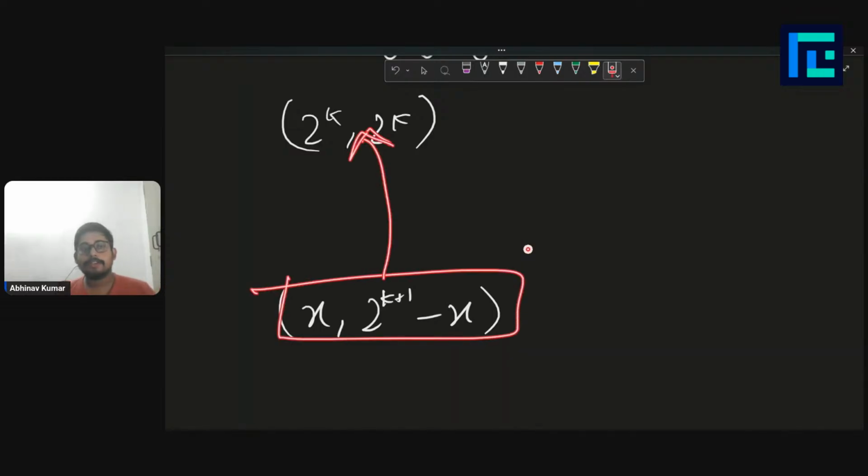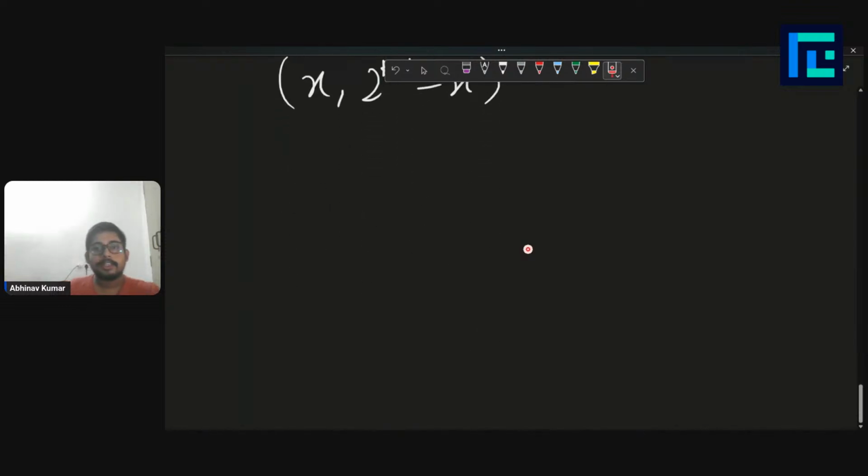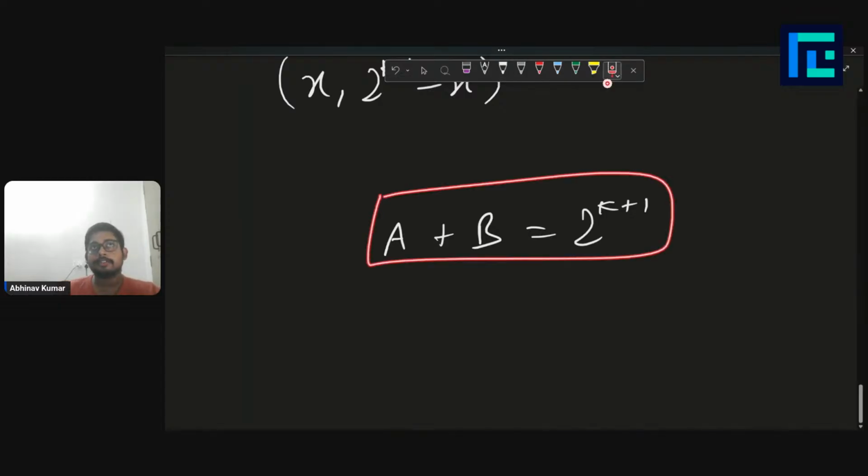Okay, so if you think of the operations in reverse, if the first person has a number of cakes and the second person has b number of cakes, we know that a plus b would always be equal to 2 to the power k plus 1. The sum of cakes would always remain constant.